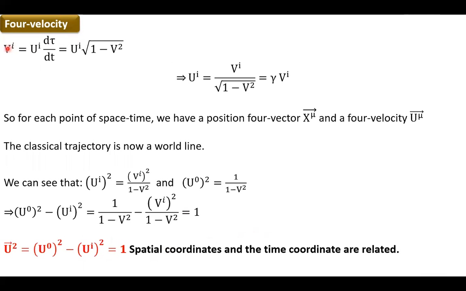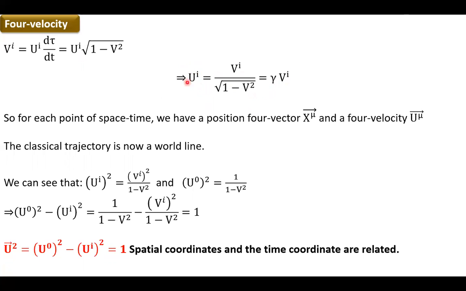So vi is equal to ui d tau over dt. So d tau over dt is now the radical of 1 minus v squared. So the ui, the 3 spatial coordinates of the 4 velocity, are given as vi over the radical of 1 minus v squared, which is gamma vi.